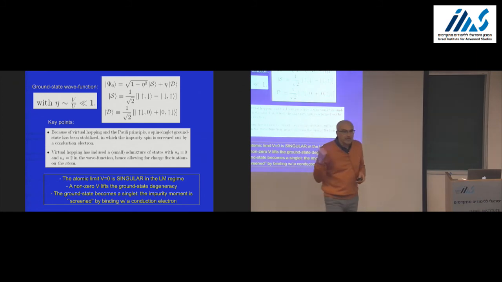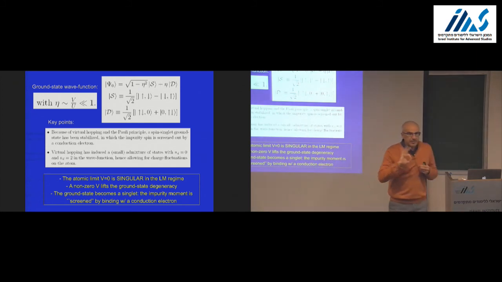And what you've seen here is an extremely simplified description of the Kondo effect, which amounts to dealing with the strong coupling limit of the Kondo effect, where you really bind a conduction electron to the local moment to form that singlet.